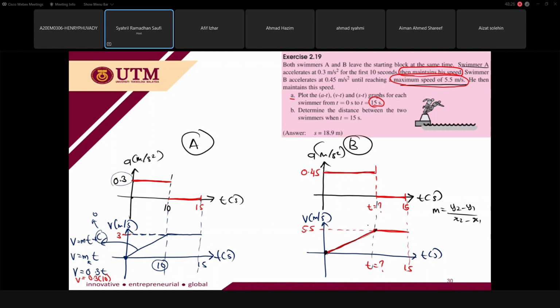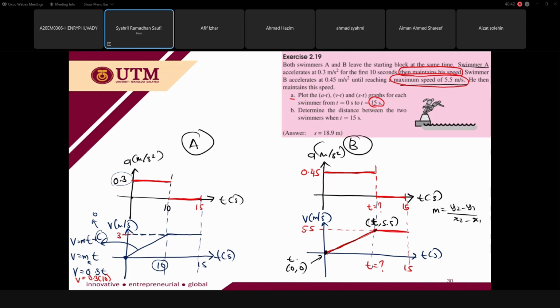This point here is t and 5.5, and here is 0 and 0, time 0, velocity 0.